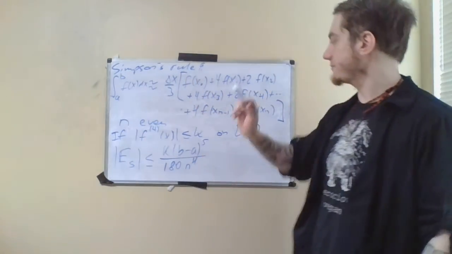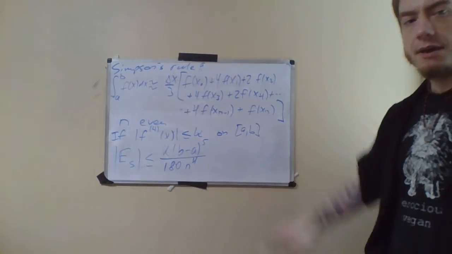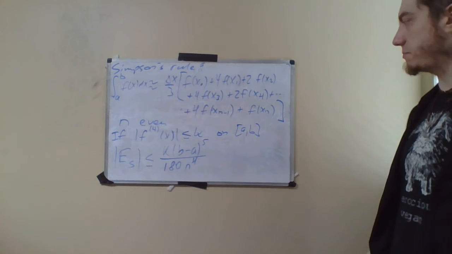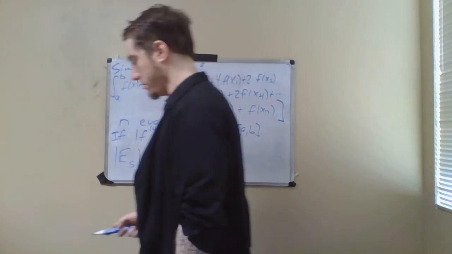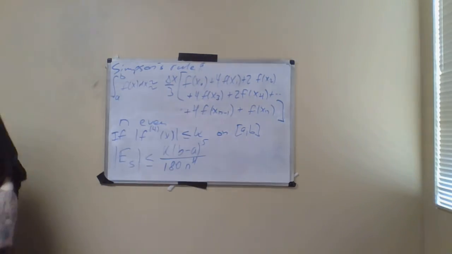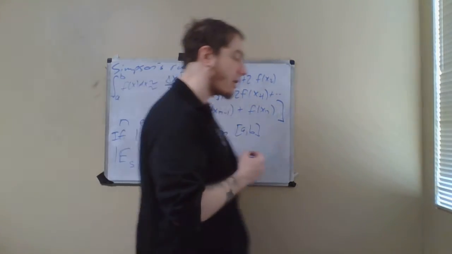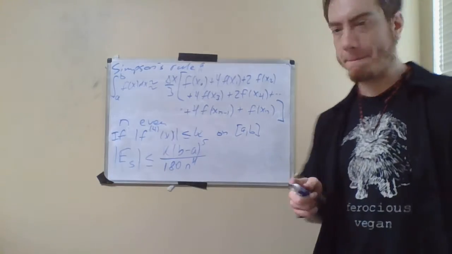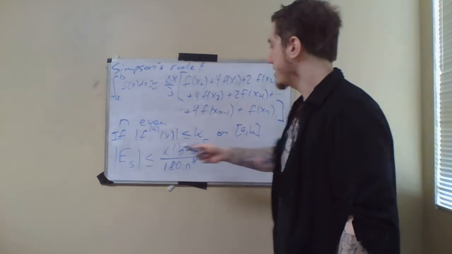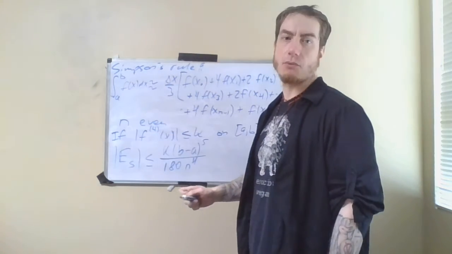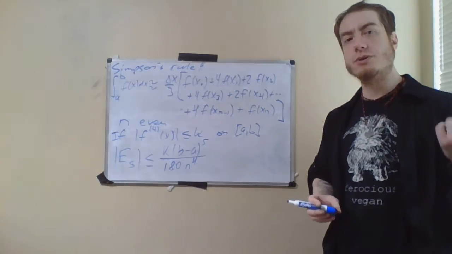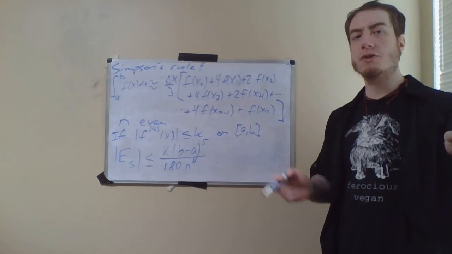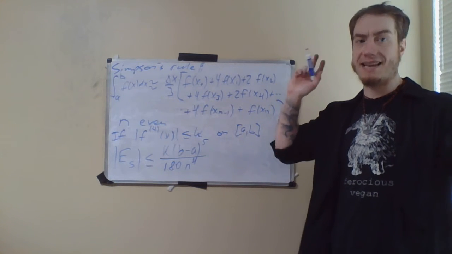Now, this b minus a to the 5th, that's worse than the other rules, because for the other rules, we just had b minus a cubed. So in that sense, our error has gotten worse. But here's where our error has gotten a lot better. First of all, k is the fourth derivative rather than the second derivative. And for a lot of functions, the higher the order of the derivative, the more the derivative sort of calms down.